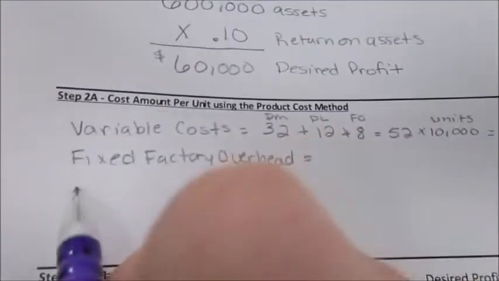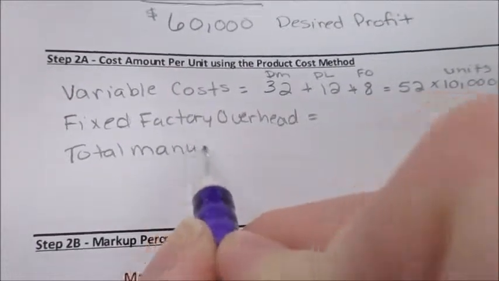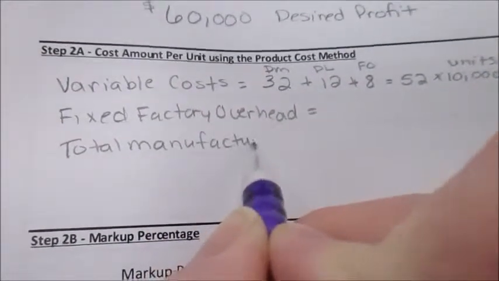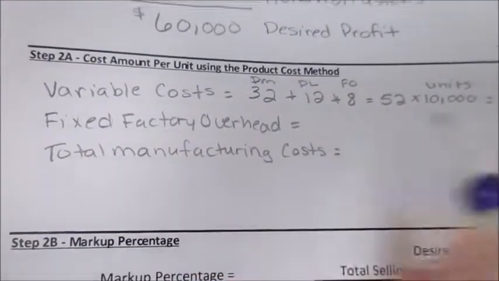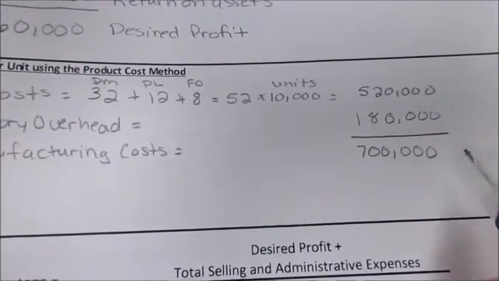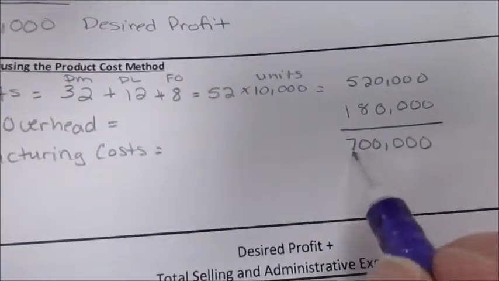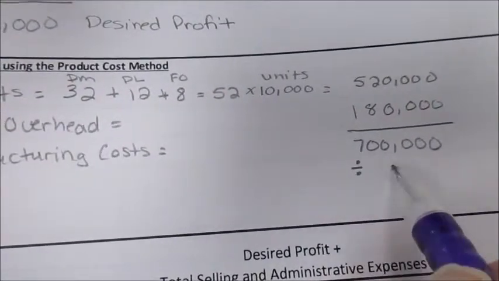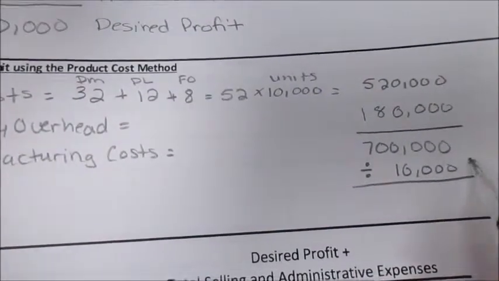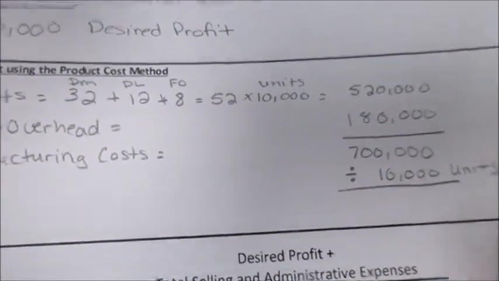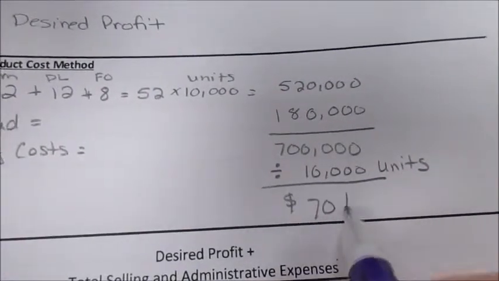And this $700,000 is our total manufacturing costs. Now I need to know what the cost is per unit. So 700,000 divided by the 10,000 units gives me a cost per unit of $70.